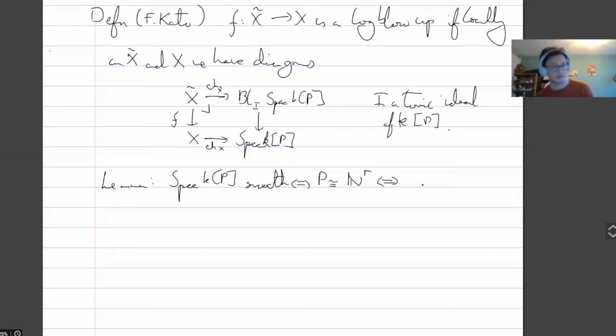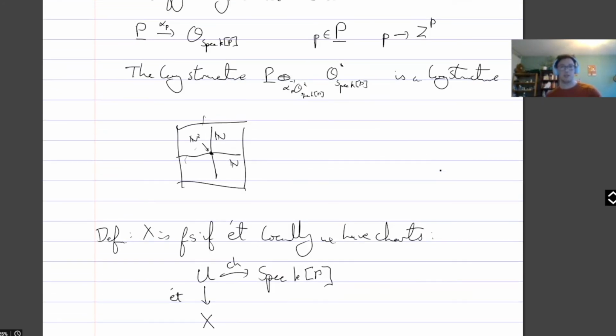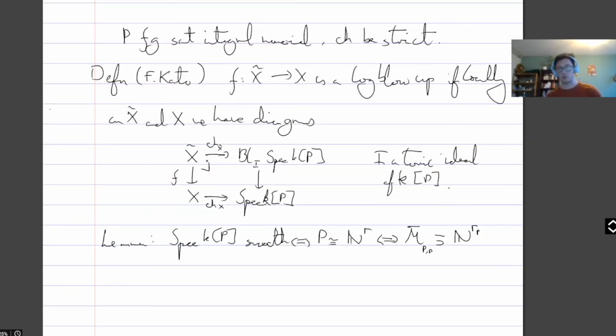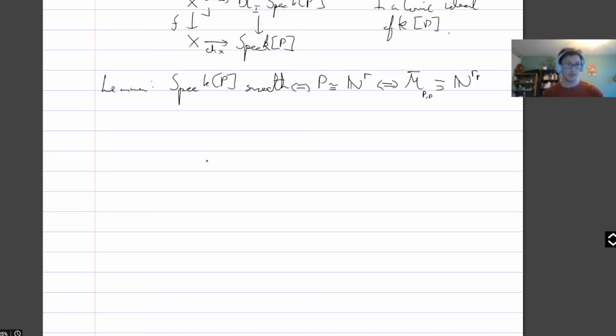And this, in fact, is equivalent to, if I look at the stalks of this characteristic ghost sheaf M bar, this should be isomorphic to N to the r_p. So this is allowed to vary as I move p around. In the particular case of A2, you can see it's either 0, 1, or 2. So that makes sense to make the following definition.